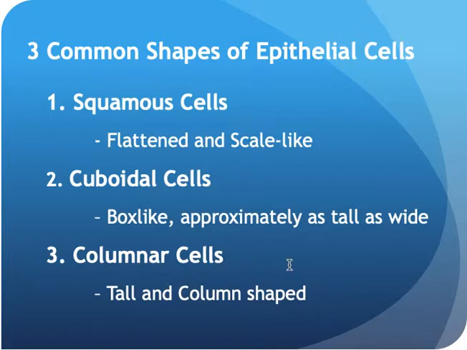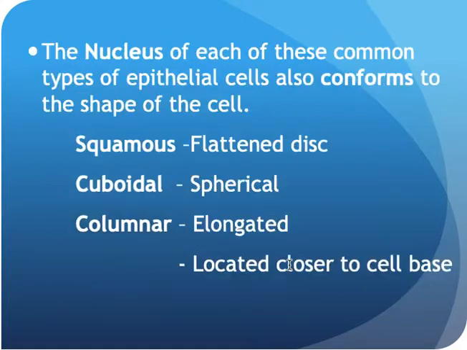Again, we want to make sure that we can name each one of these correctly if we get it in a picture. The nucleus of each of these common types of epithelial cells also conforms to the shape of the cell, and a lot of times we're going to look at the nucleus when we're trying to name things. The nucleus of a squamous cell is going to be flattened. The nucleus of a cuboidal cell is going to be spherical, and the nucleus of a columnar cell is going to be elongated, and also located toward the bottom.